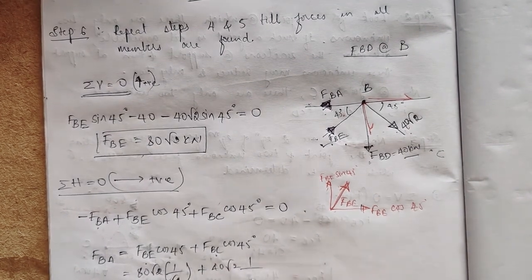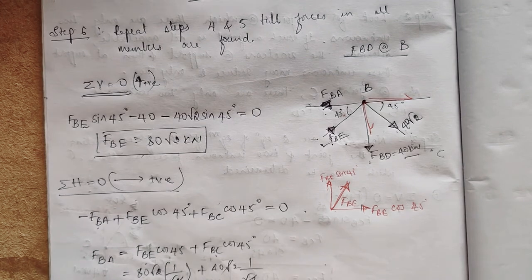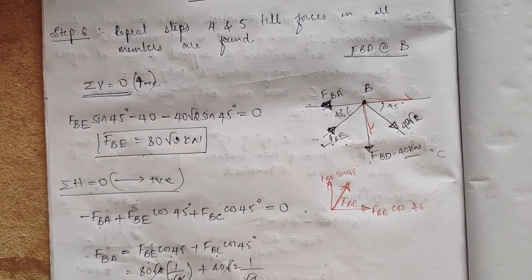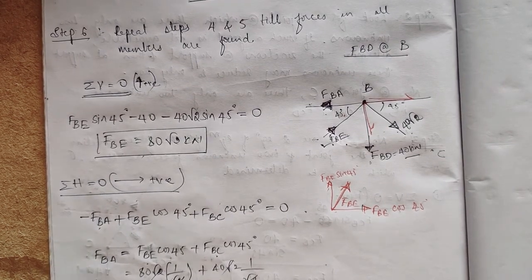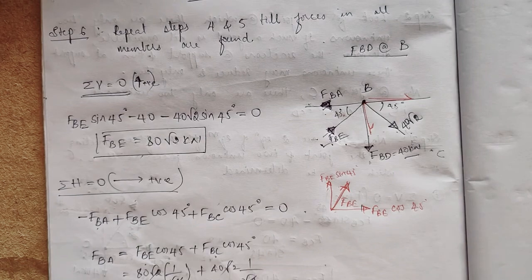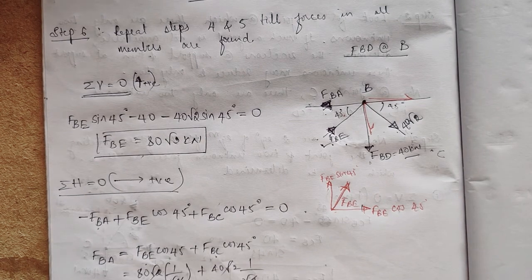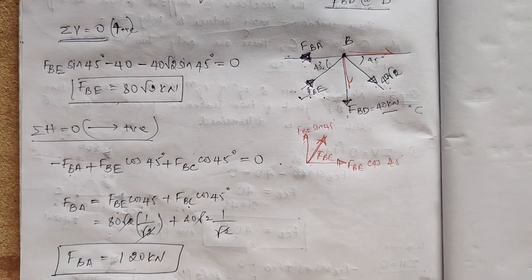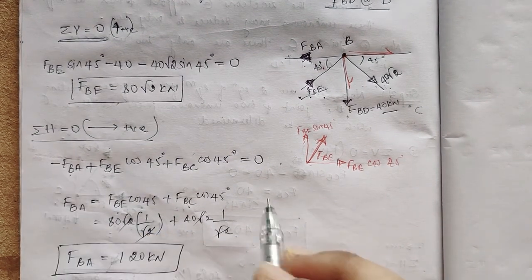So 40 root 2 into 1 by root 2, root 2 cancels, so 80 plus 40 is 120 kilo Newton. So FBA is 120 kilo Newton. So we got FBA is 120 kilo Newton by solving for FBA.